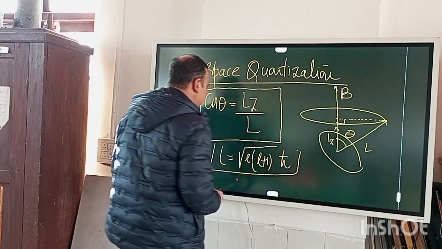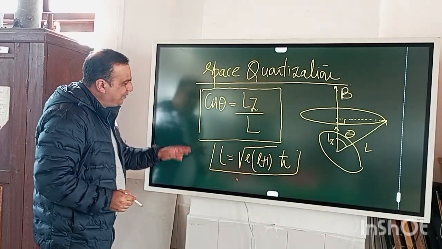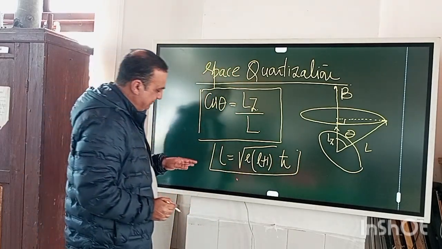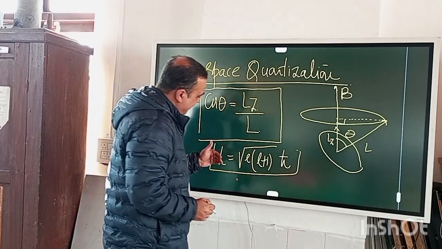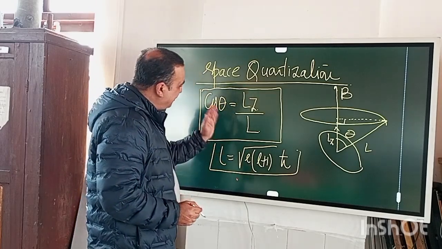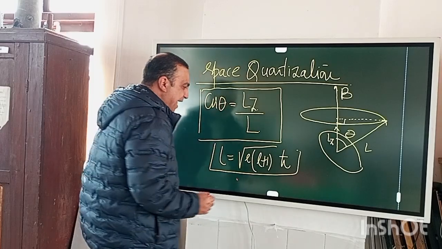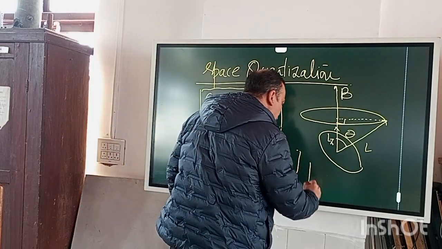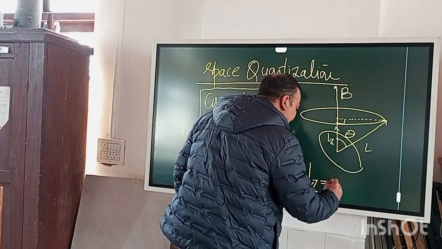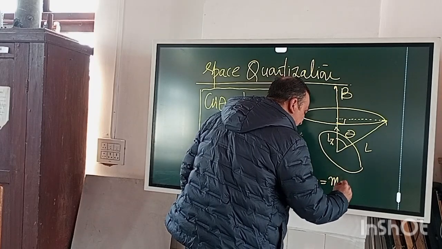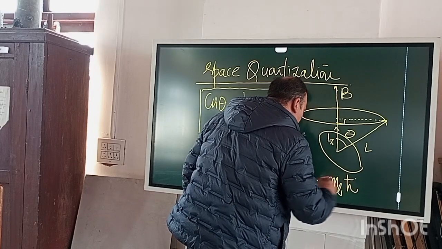This is the magnitude of the orbital angular momentum, and the magnitude of the angular momentum along the z component is nothing but ml h bar.